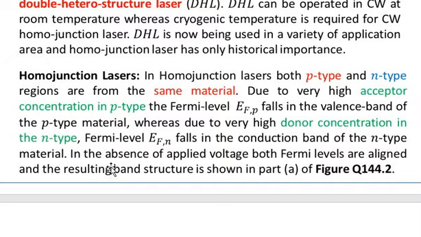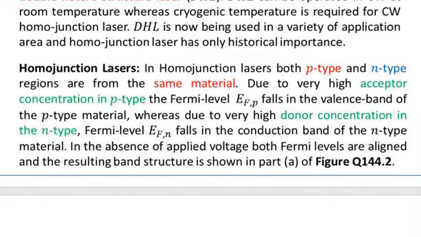In the absence of an applied voltage, both Fermi levels are aligned, that is, the Fermi level EF of the p-type and that of the n-type have the same level, as will be shown in the next diagram. The resulting band structure is shown in part A of figure 2.